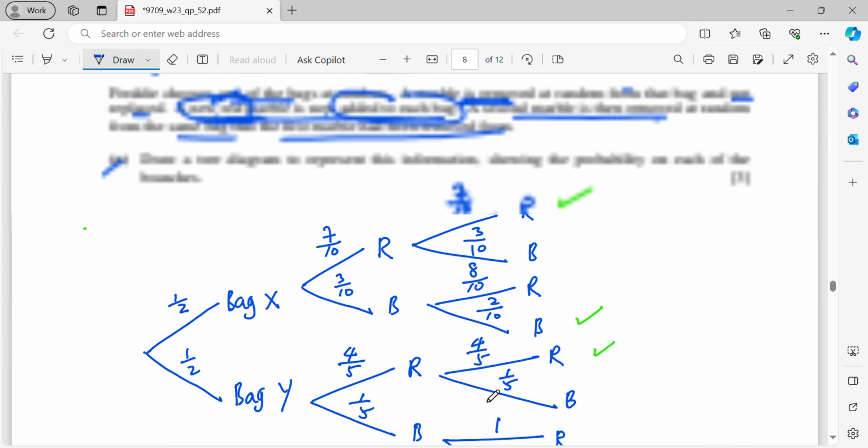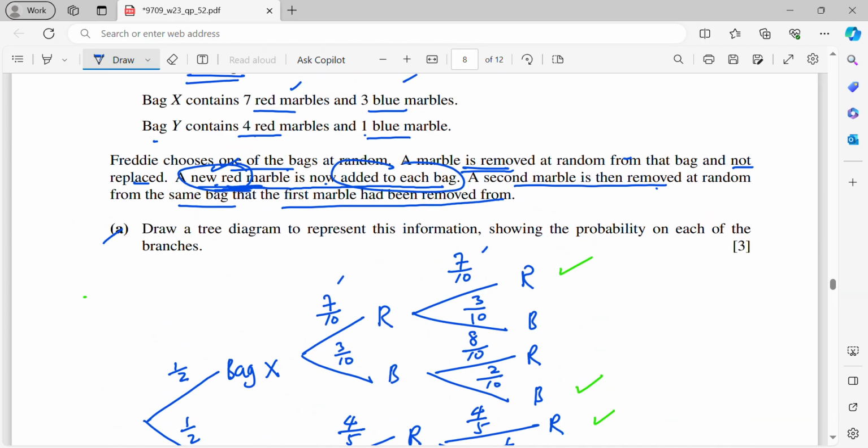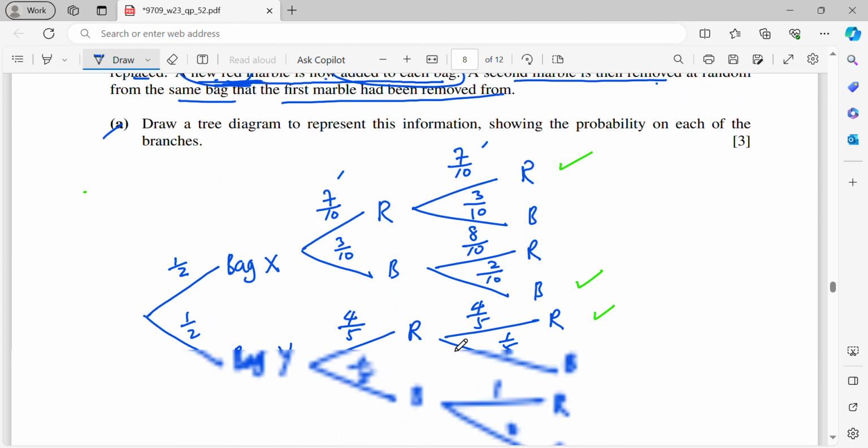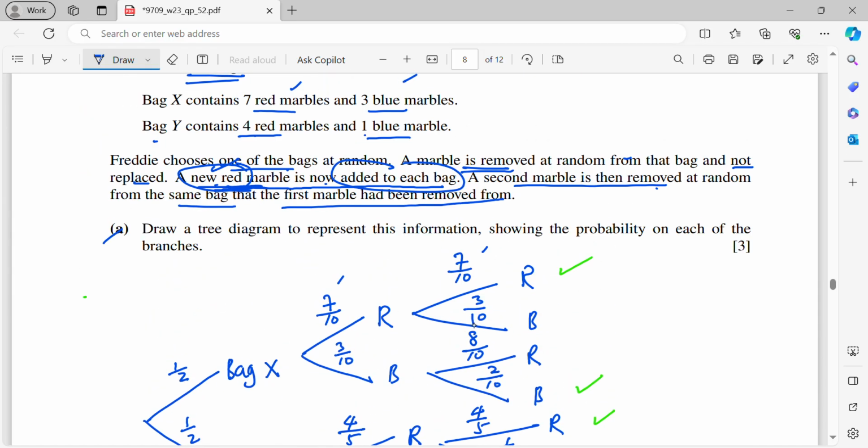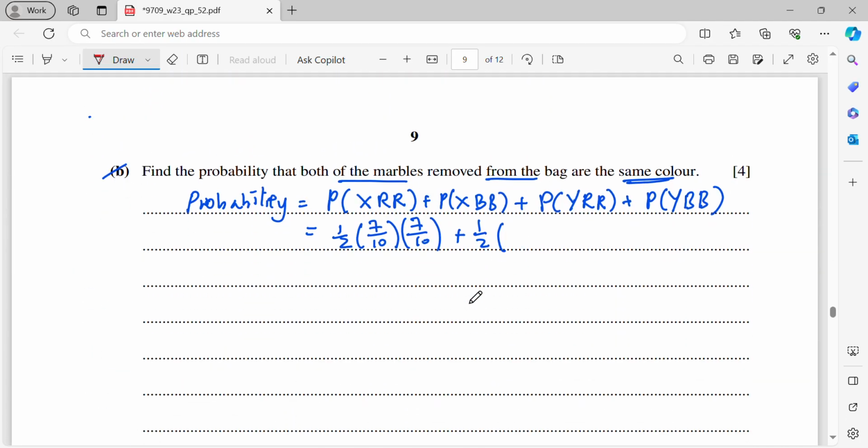Then now for the RR, I will write times 7 over 10, not 7 over 7, 7 over 10. Sorry about that. So for the bag X is still half, blue, blue, okay, BB here is 3 over 10, and then 2 over 10. So here I will be getting 3 over 10 times 2 over 10. So that's all for the bag X.